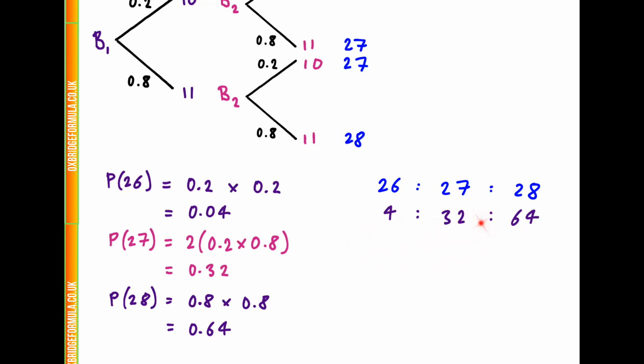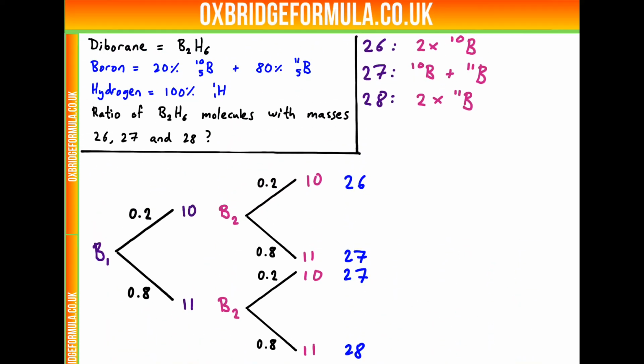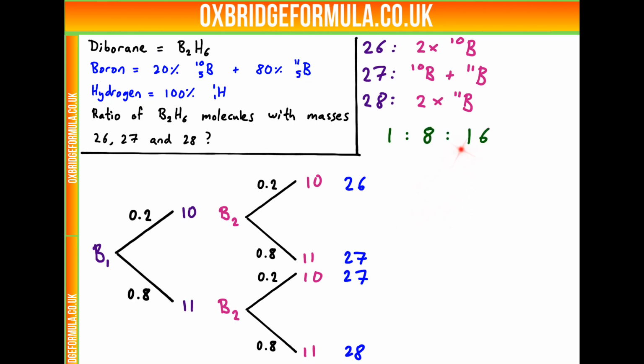And we can simplify this ratio to make it relative to the 26 molecules. So if this was 1, we're dividing each of these by 4. 32 divided by 4 is 8, and 64 divided by 4 is 16. So our ratio that we've worked out from these probabilities of 26 to 27 to 28 molecules is 1 to 8 to 16. This is our final answer, which corresponds to an answer of E.